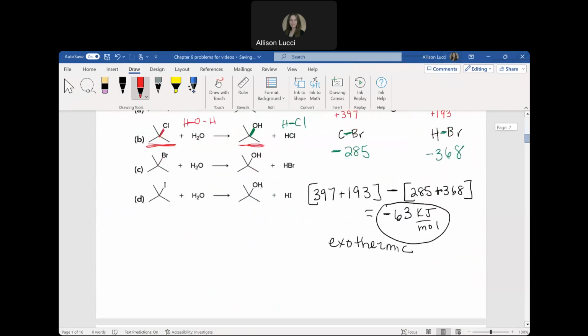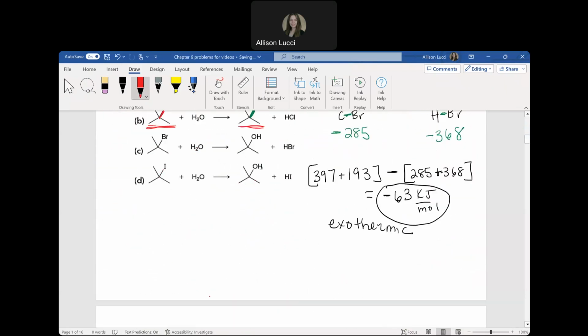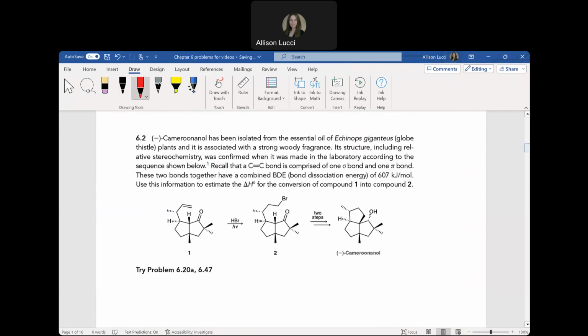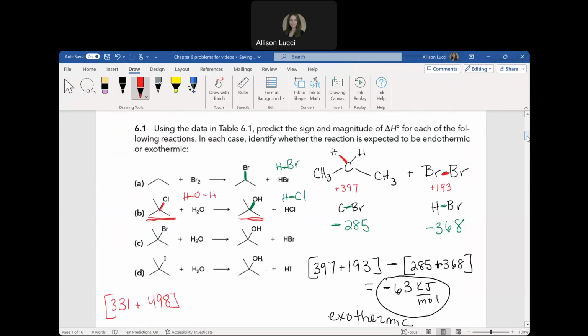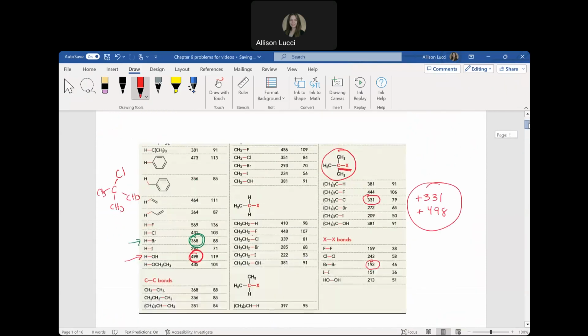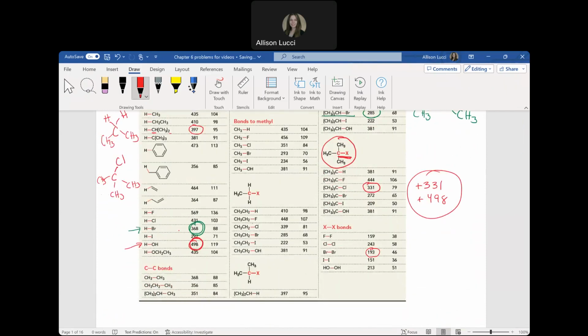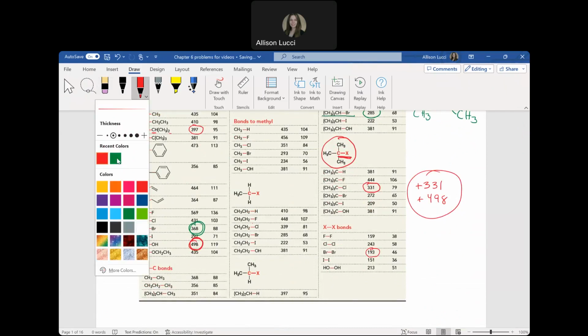So let's go and we'll start writing them down. So we have 331 plus 498. So this is the energy required to put into this reaction to break those bonds. And then, let's go back to our table again, and we're going to look for this CO bond and then this HCl bond. So when bonds form, right, energy is released.